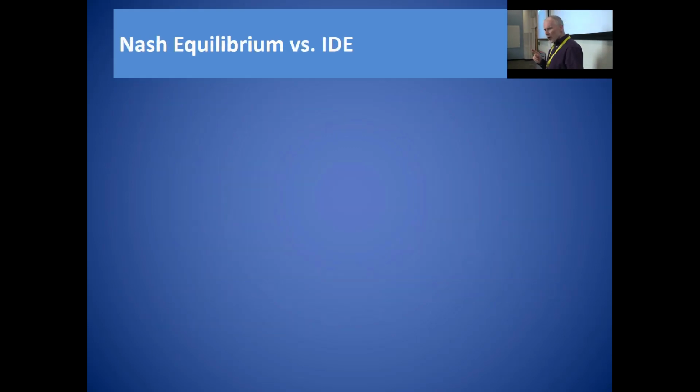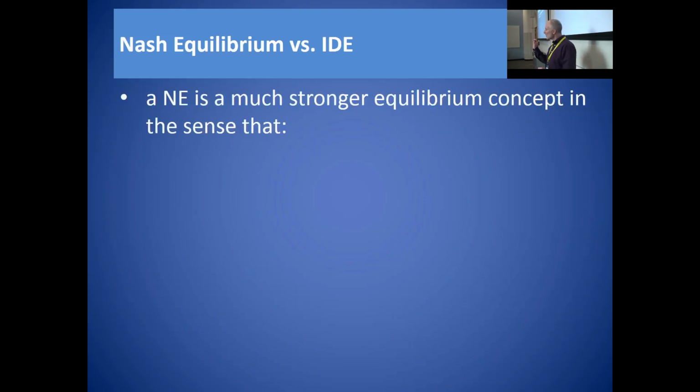But what I want you to do is pick up upon a point that I said maybe 10 minutes ago, when I introduced you to this idea of a Nash equilibrium. I said we needed something else to identify outcomes in a much wider class of things. That something else was a Nash equilibrium.